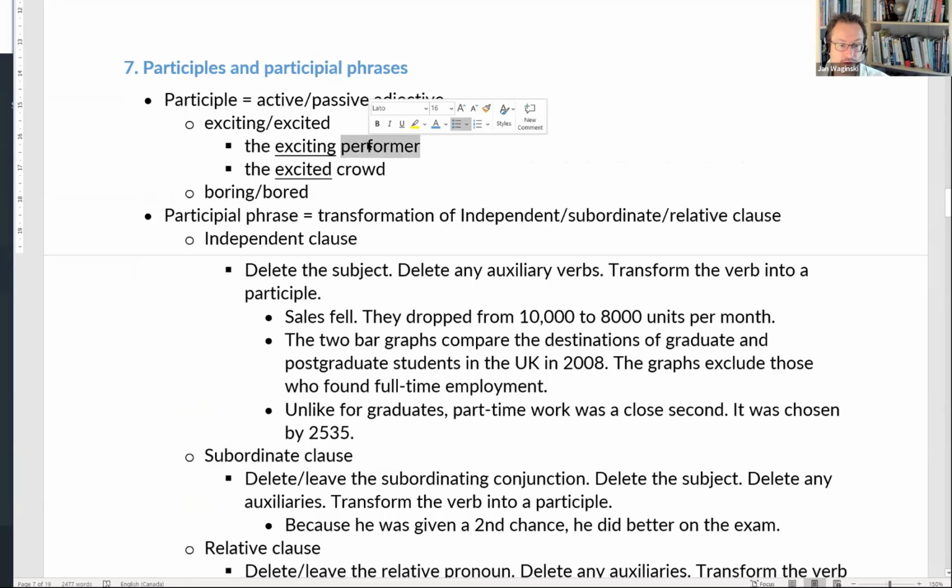So if this is the cause, so in this case, the performer is the cause of the excitement, we use the ing form, the active form. The crowd is not the cause of the excitement. The crowd is the recipient of the excitement. Right? The performer is the cause, the crowd is the recipient. So we use the passive form.